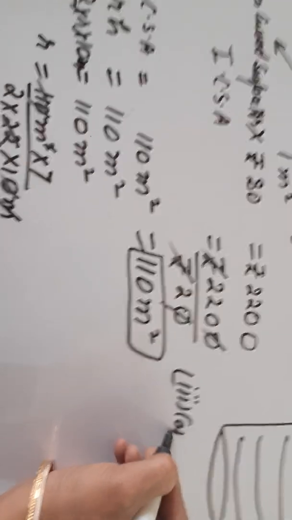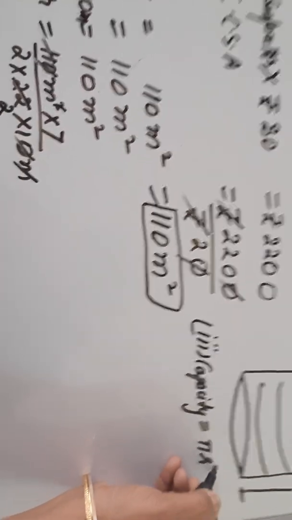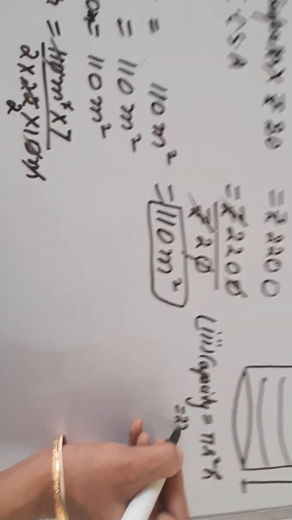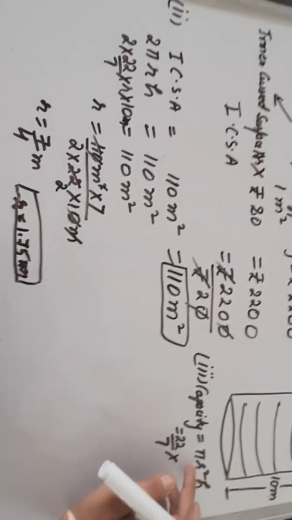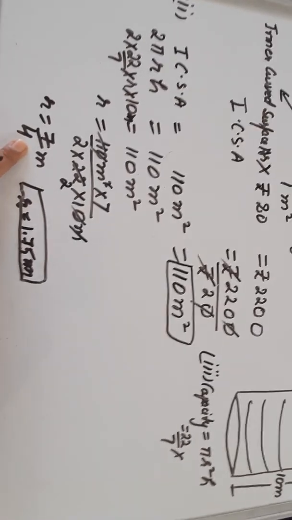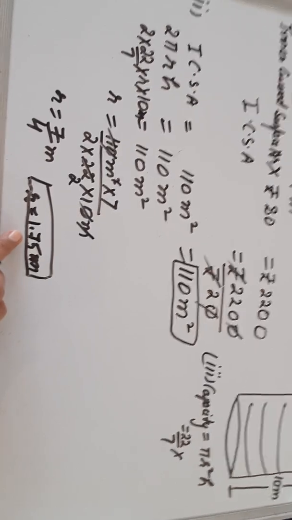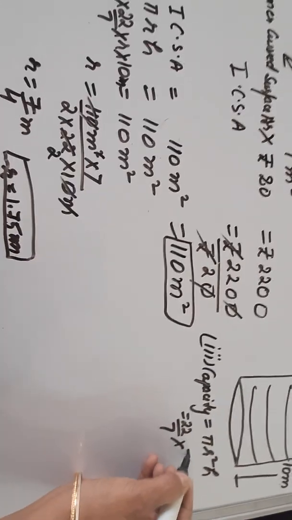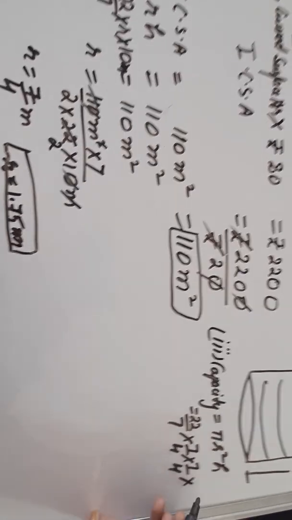So capacity formula is pi r square h. So again let us put the values and radius. Now dear students, one tip I want to share with you, that whenever radius is in multiplication then put the fraction for easy calculation, but whenever addition and subtraction is there then put the decimal part. So here we are going to take the radius as a fraction. Height is 10.